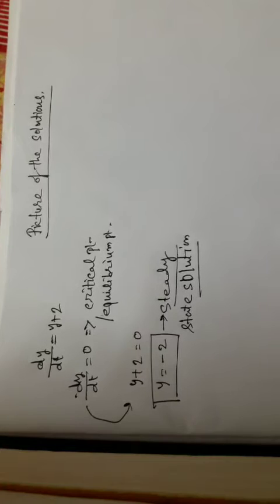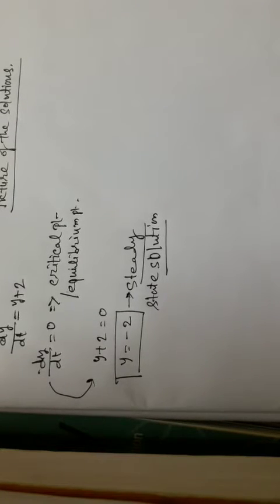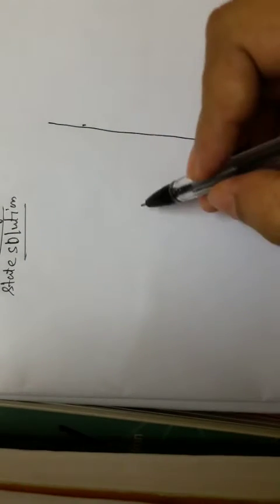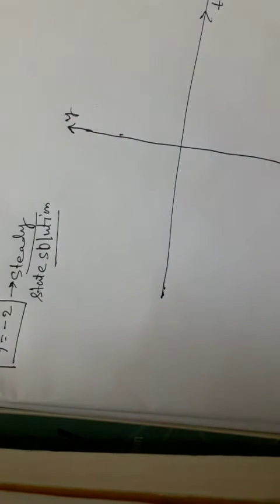So let me draw the picture. We are taking this axis as t, and this is y, and this is negative.